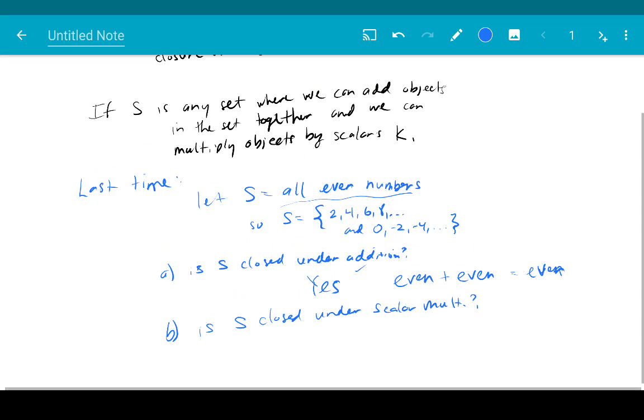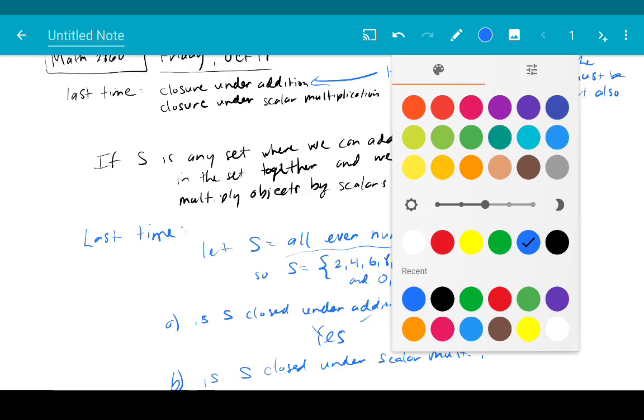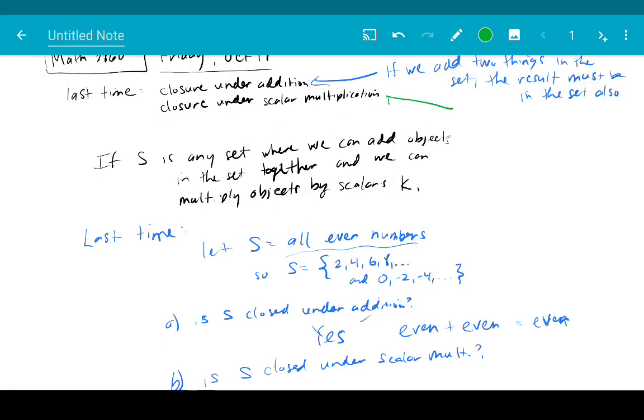In order to be closed under scalar multiplication, let me add a note here. I can change colors. In order for that to be true, if we multiply an object in the set, I have to say what we're multiplying by, right?